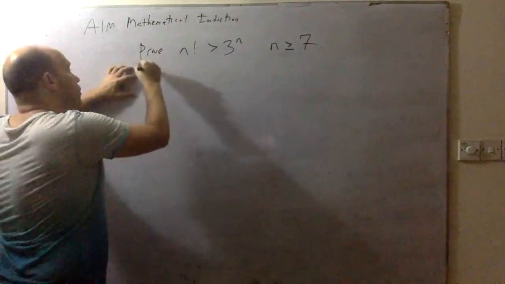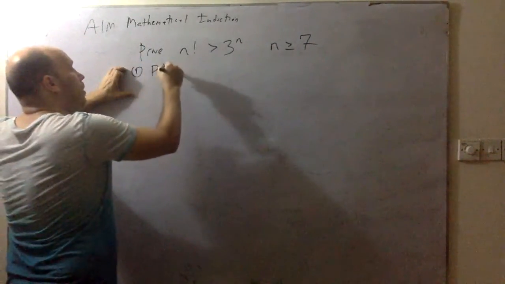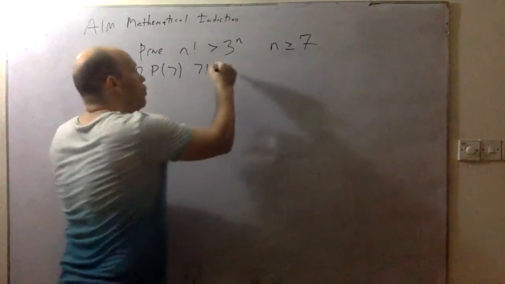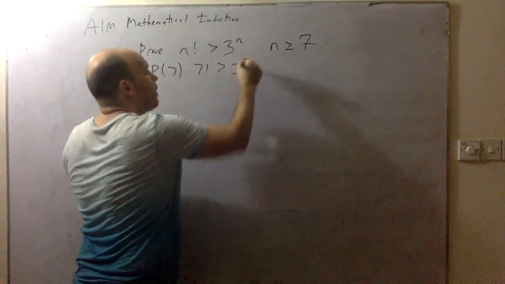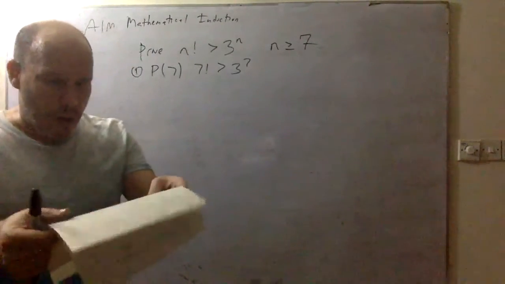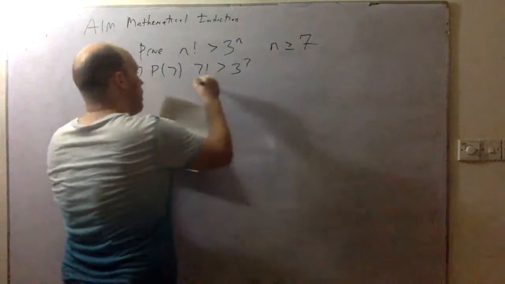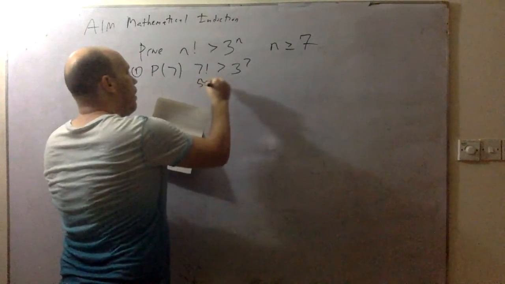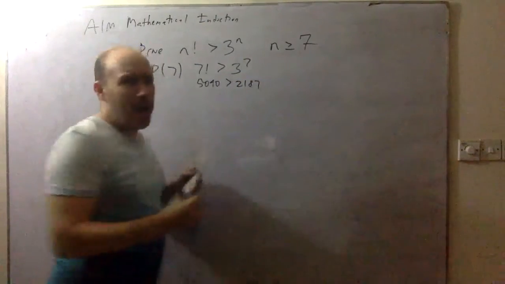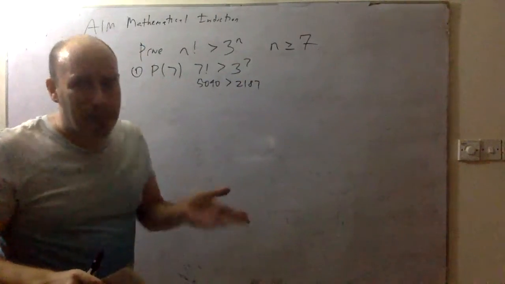So, for step 1, n equals 7. 7 factorial is greater than 3 to the 7th power. Obviously, this would be a calculator question. It turns out that 5040 is greater than 2187. For my own personal edification, I tested at 6.